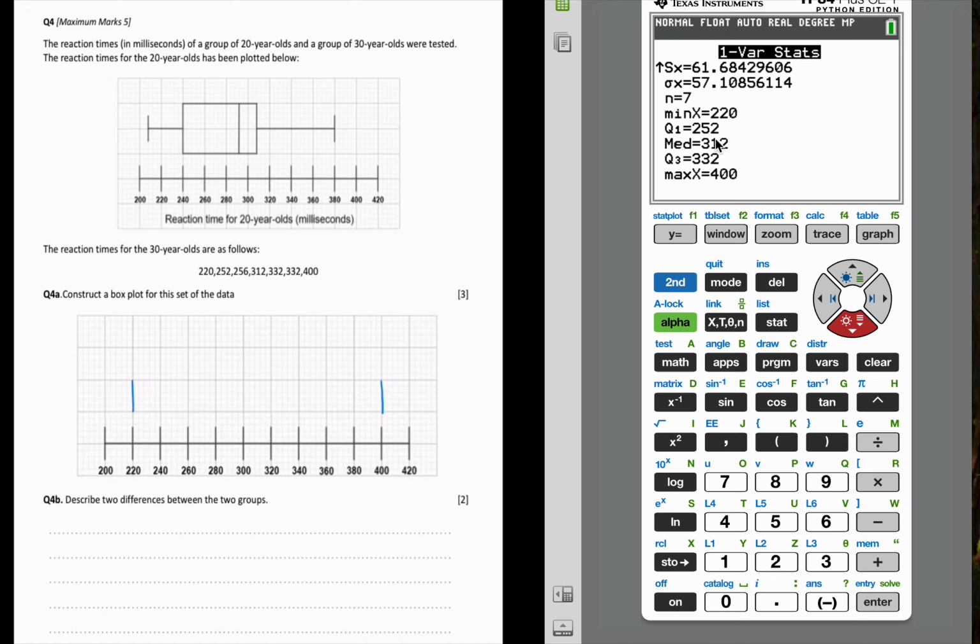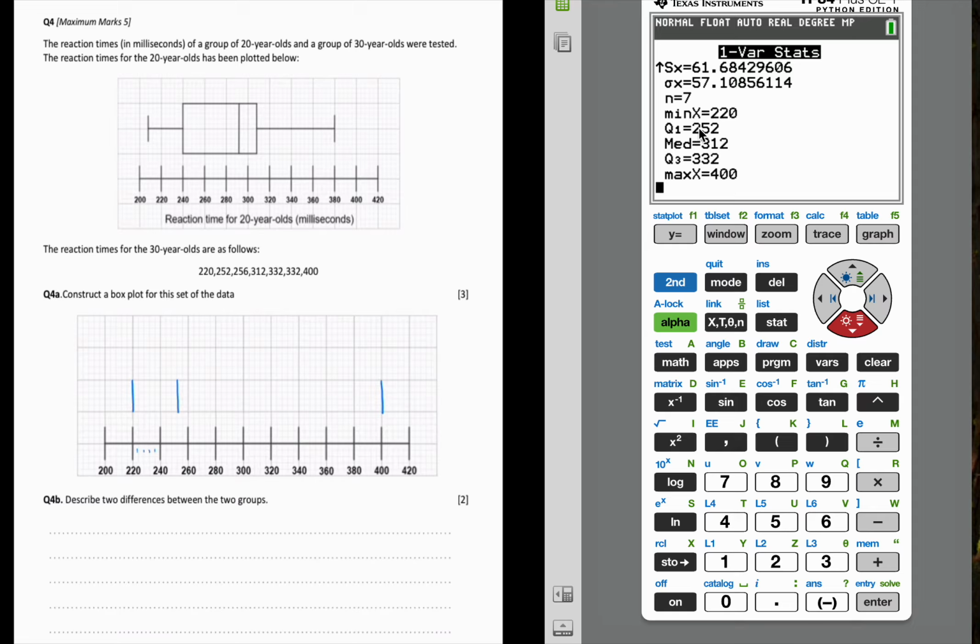So if we look at the scale here, if we're moving across 20, each of these is 4, okay? And we have the lower quartile is 252. So 252 would be this value here.